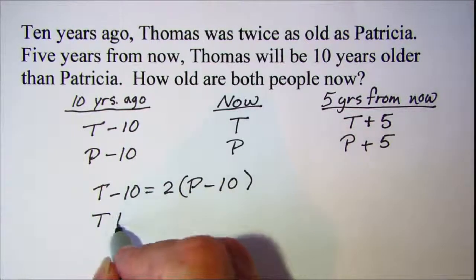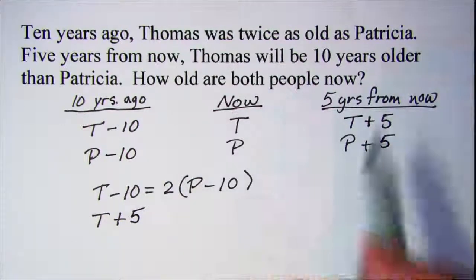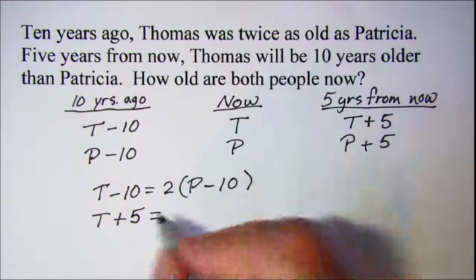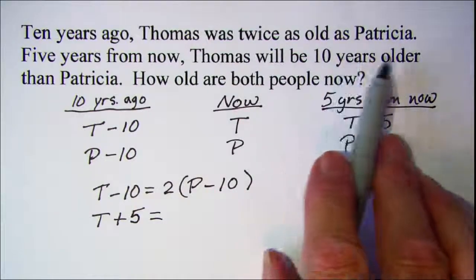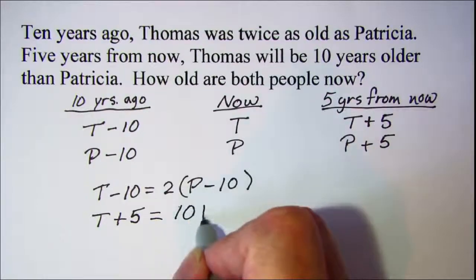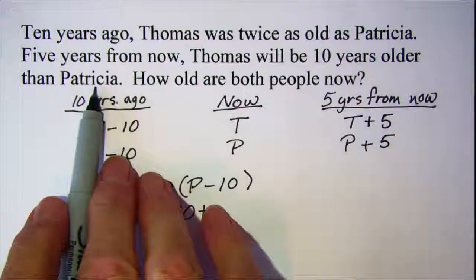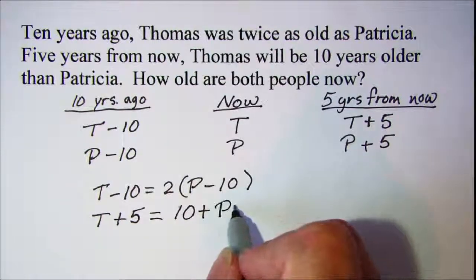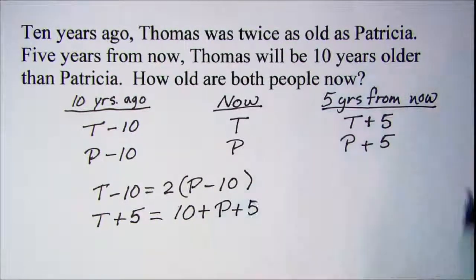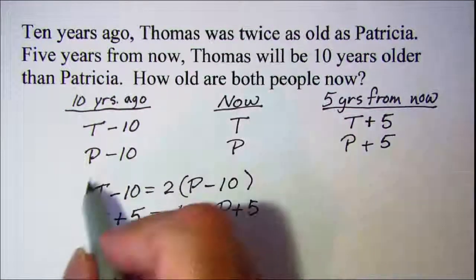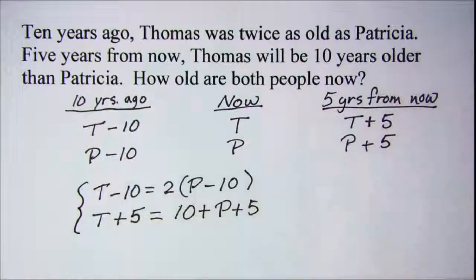So T plus 5 will be, so that's our verb, that's where the equals goes, 10 years older, so I'm going to add 10, than Patricia. So her age then is P plus 5. So I have two variables. I now have two equations, so I can solve this simultaneously.